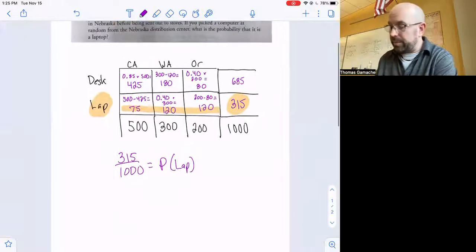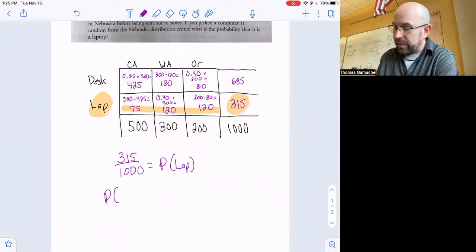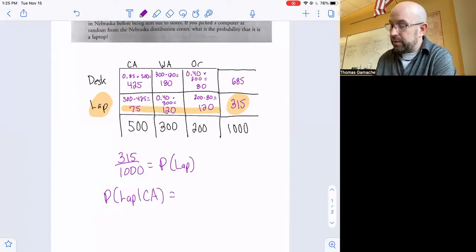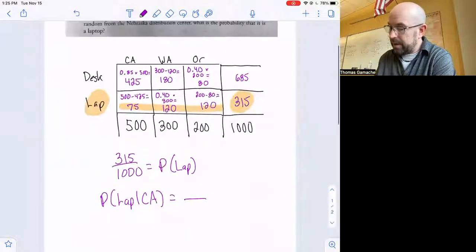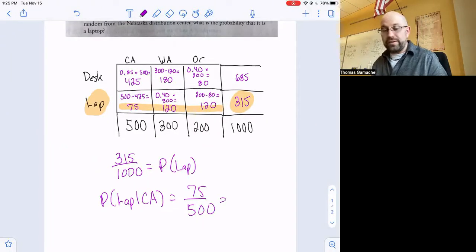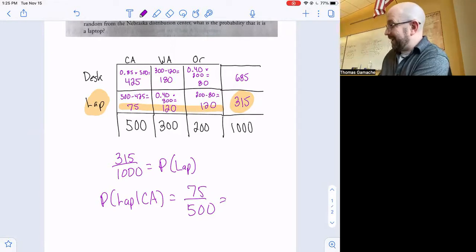Maybe I want to find the probability that it's a laptop, given it came from California. Now I just look at my California total, 500. Out of that 500, how many were laptops? 75.